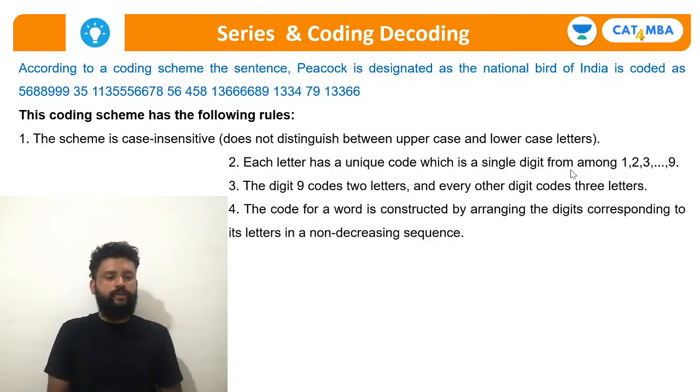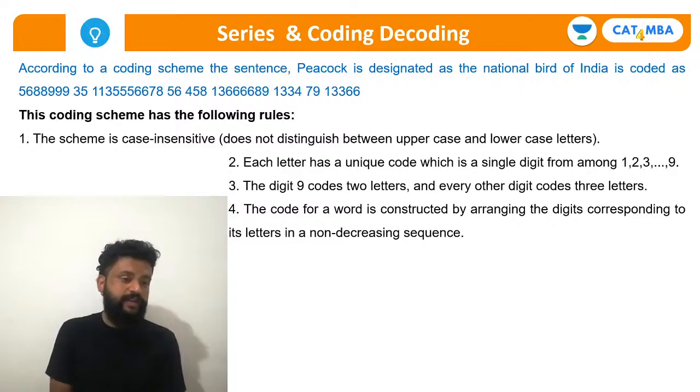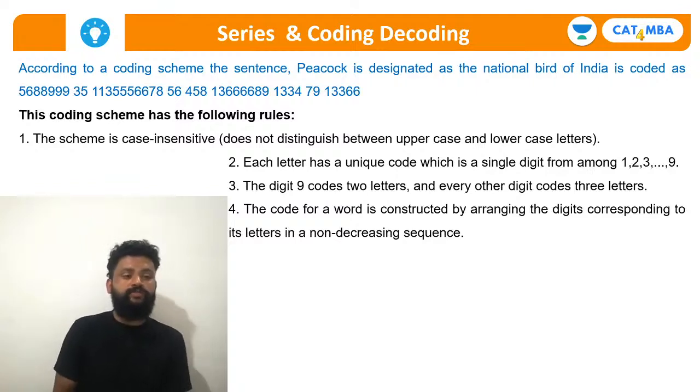So, the last set for today's session, quickly: a question from previous year CAT papers. According to a coding scheme, the first thing you need to do is read it very carefully and understand it in a proper way. Otherwise, if you miss something, this question will be really tough for everyone who missed the information.